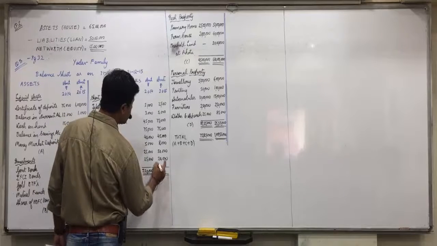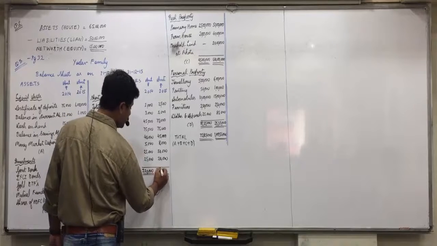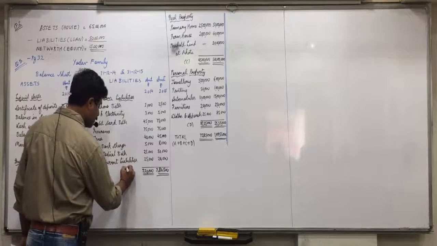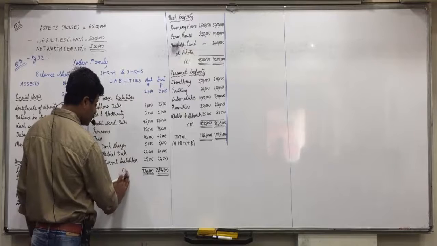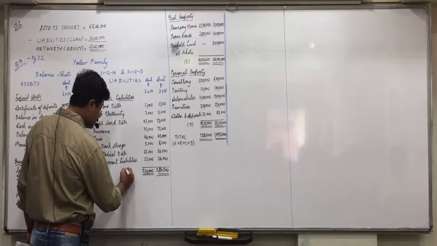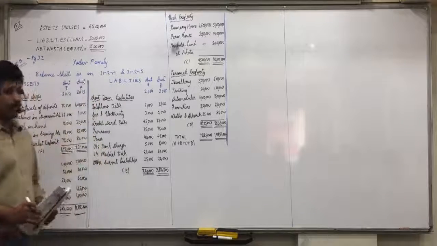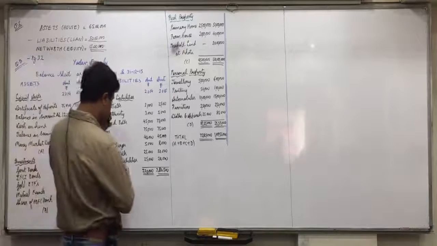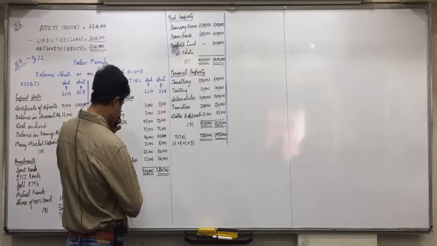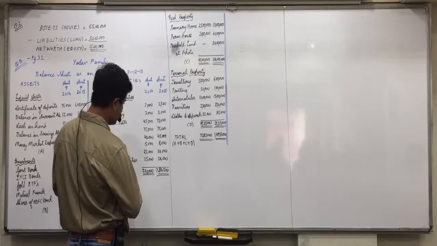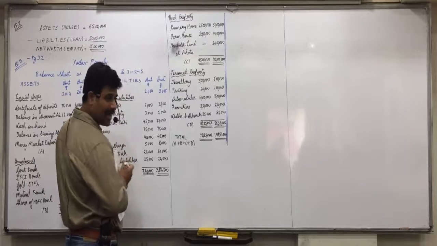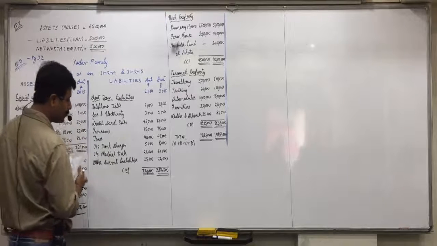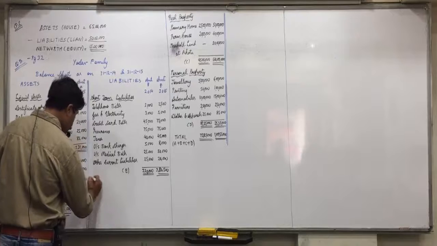Two lakh 80,500. Mark it as E. Is 2,60,500 correct? No, 2,80,500. Is that correct? Okay.